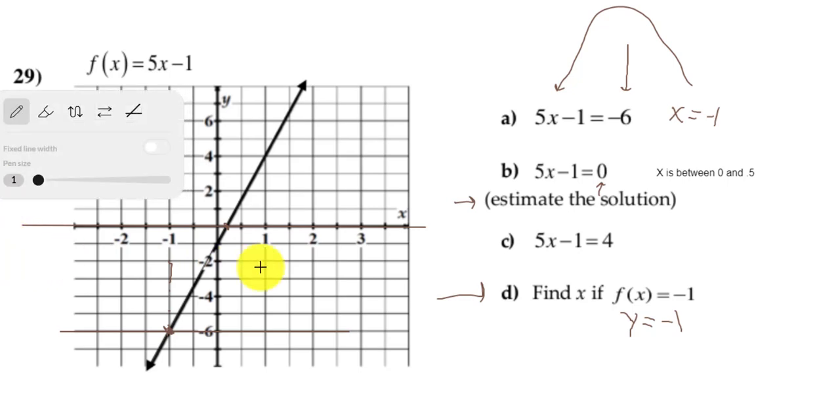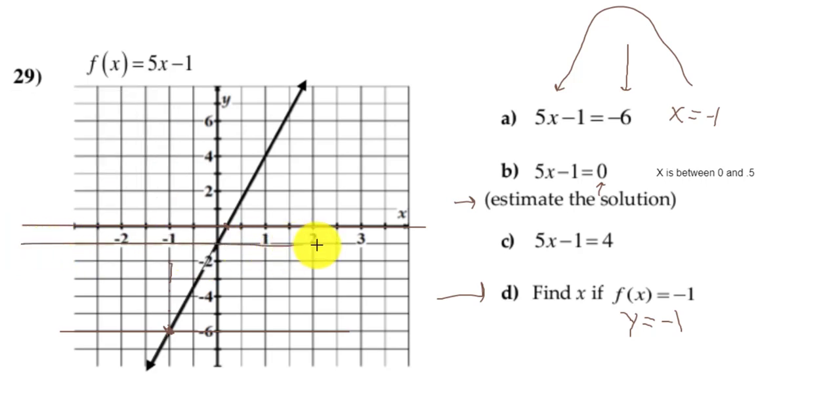So this is y equals negative 1, and the intersection happens to be x equals 0. The value of x on this dot here is x equals 0. Okay? I think that's going to do it.